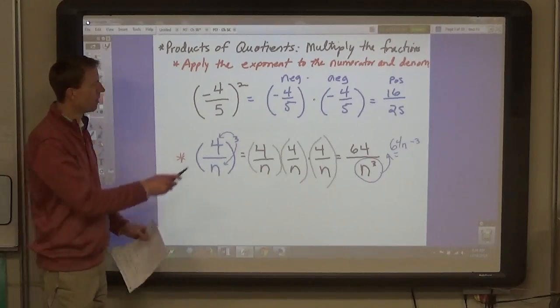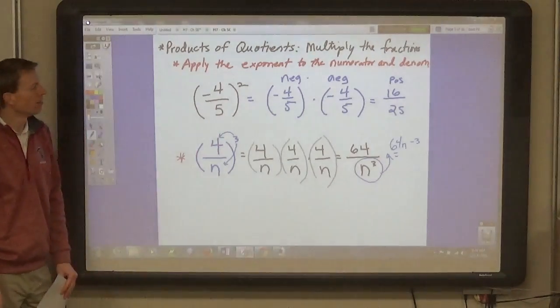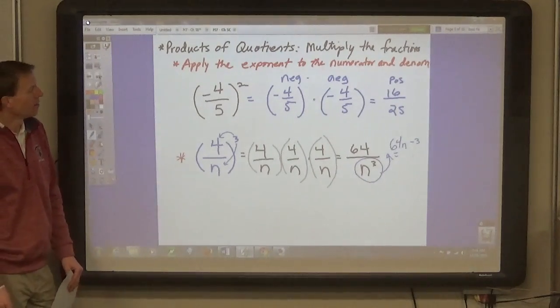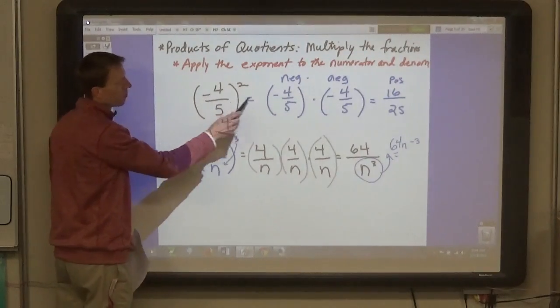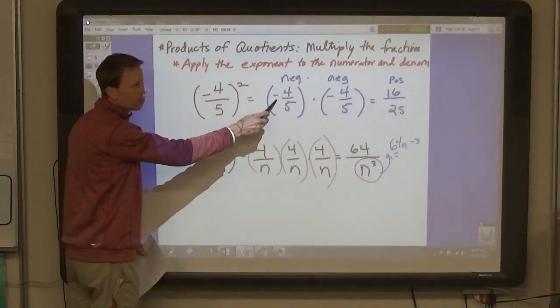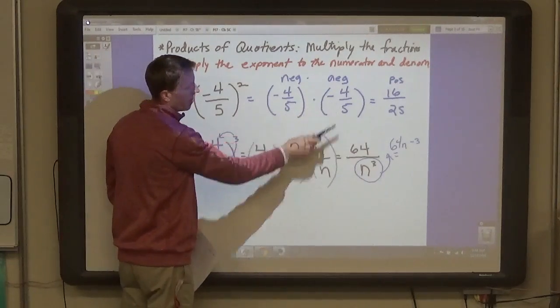So if you have negative 4/5 to the 2nd power, since the negative sign is inside the parentheses, it stays with the number, and it's negative 4/5 times negative 4/5.